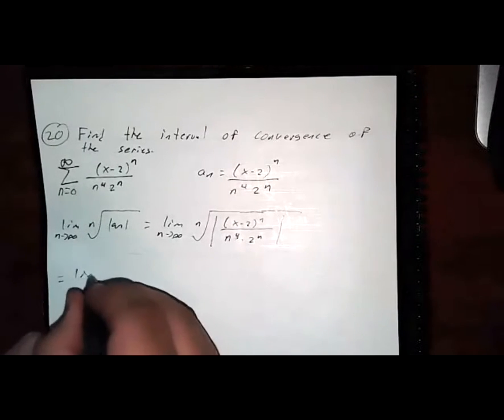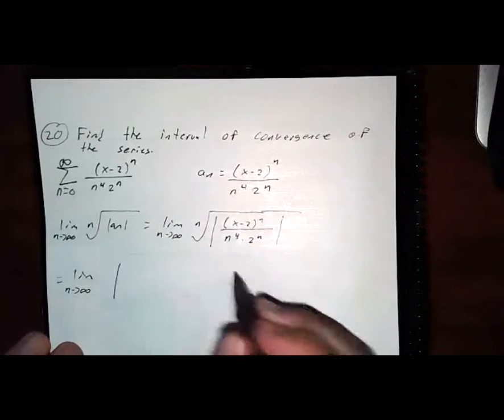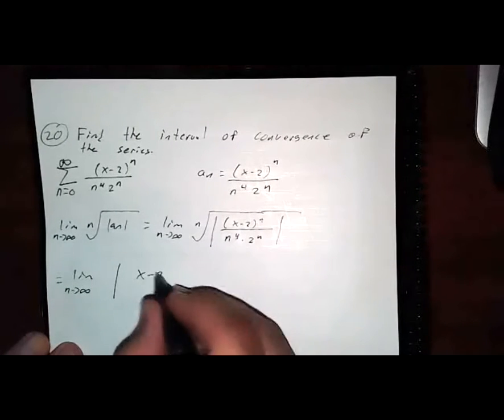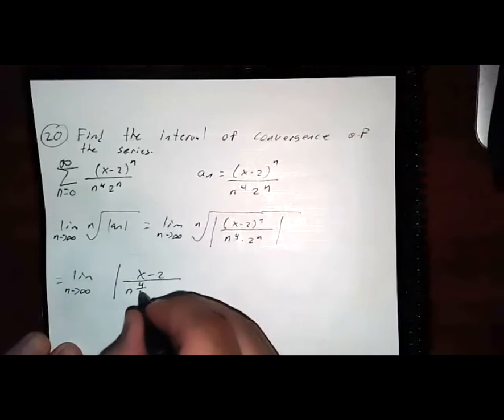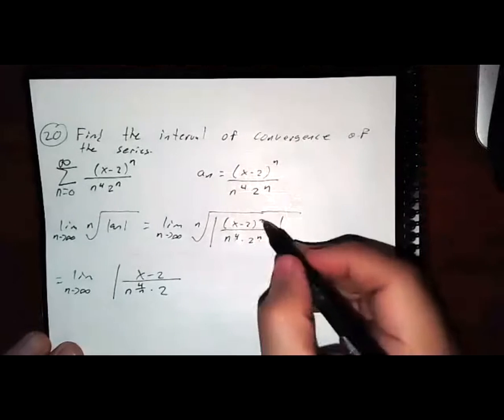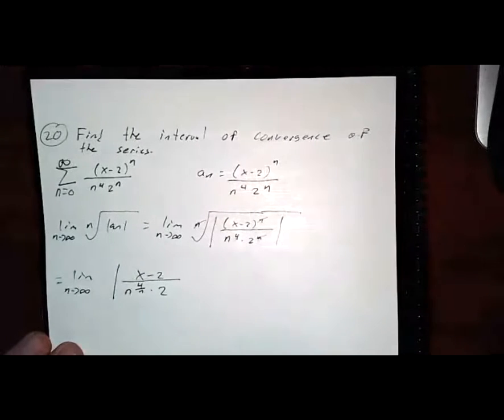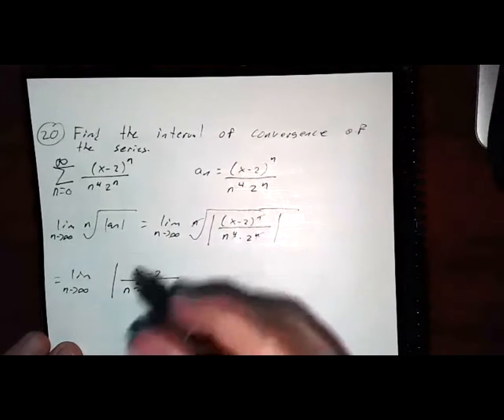So we'll have the limit as n approaches infinity of the absolute value of x minus 2 over n to the 4 over n times 2. The 2 to the n cancels out, and the n to the 4 just stays underneath because it's not going to cancel.